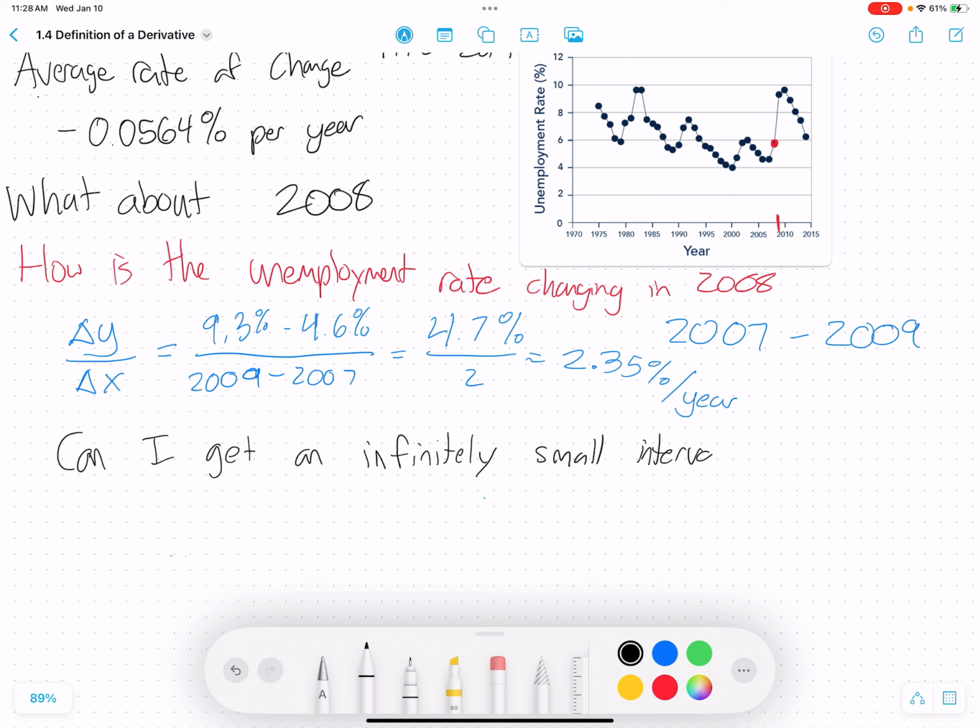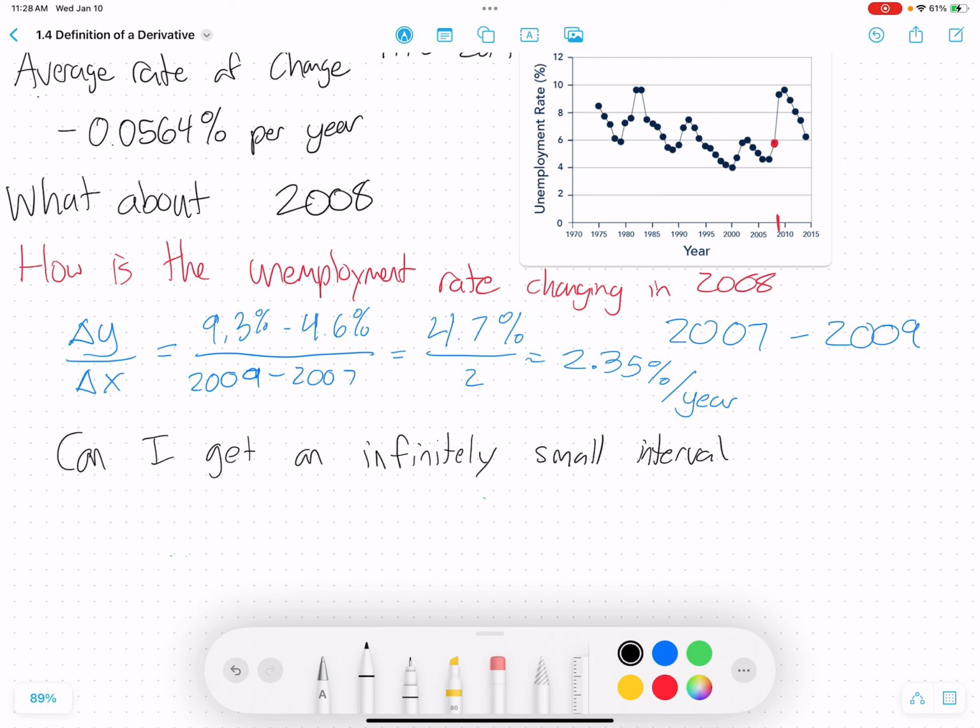Because like we said, the smaller the interval, the more accurate the rate of change is going to be for a specific point. Well, it turns out I can't with this data, of course, because it only has specific data points, but with an equation, it's possible.